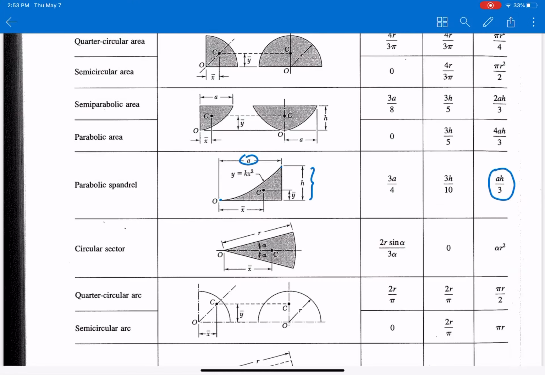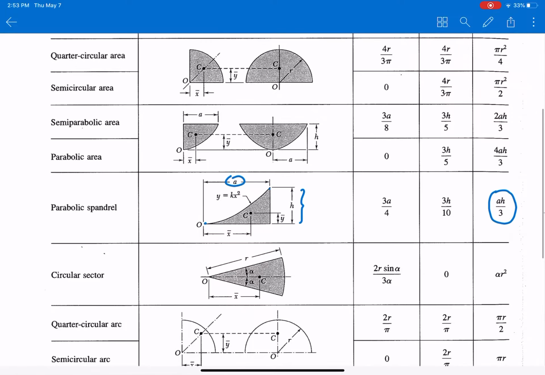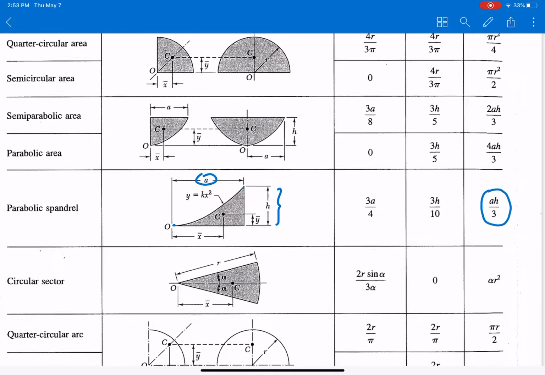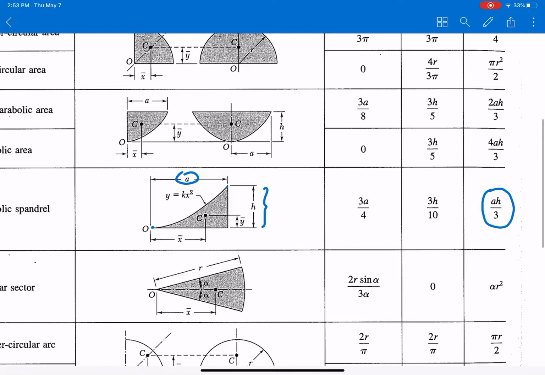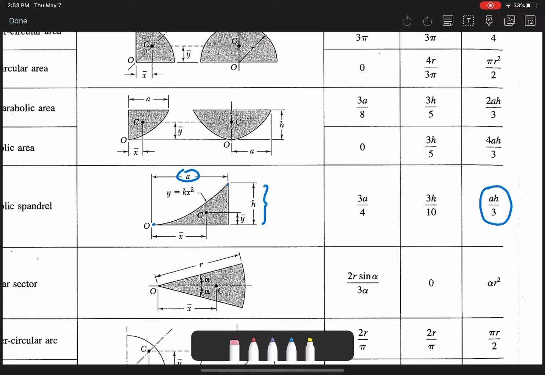Use the reference that you had earlier for the parabolic square: that portion equals AH over 3. Then the complement of that one, the red complement that I showed you there, will be equal to 2AH over 3, because the whole thing is the rectangle.